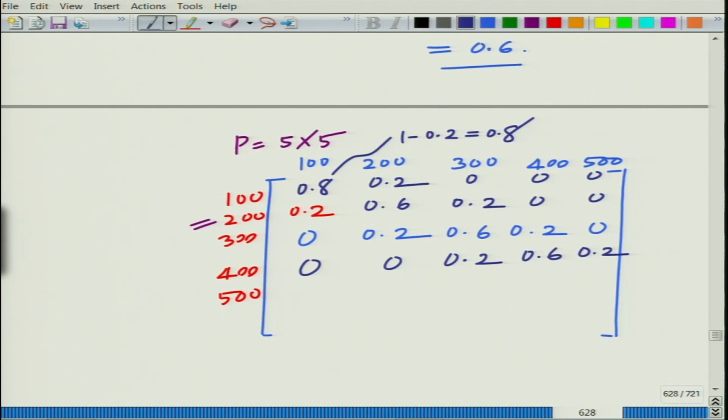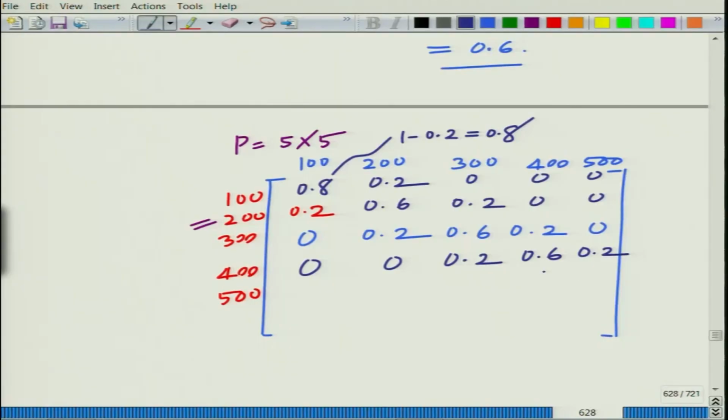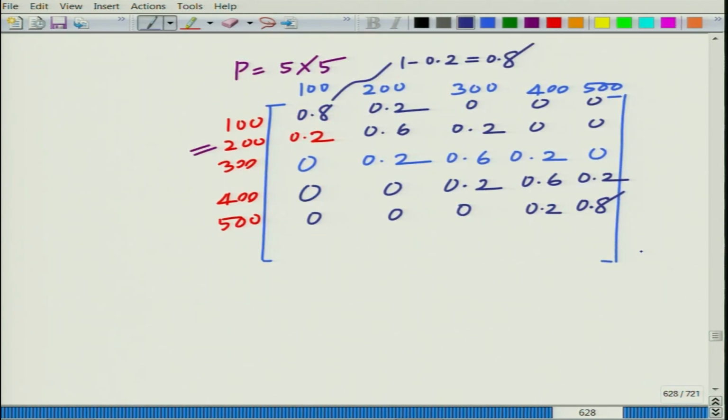So, the probability it remains at 100 is 0.8 and the probability that it goes to 200 is 0.2. Similarly, at 500 it cannot go to 600, so it can only go to 400 with probability 0.2, the rest are all 0 and this is 0.8. Okay, and this I believe is our 5 cross 5 transition probability matrix for the stock price problem.